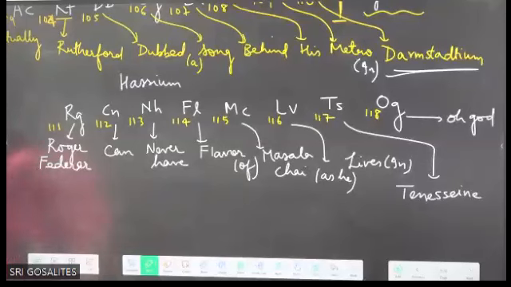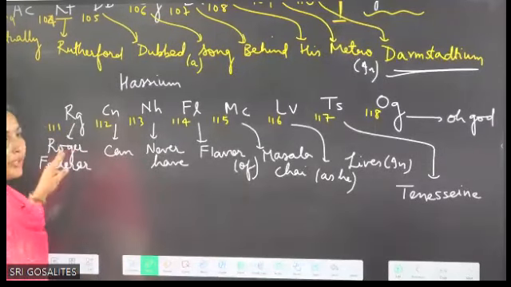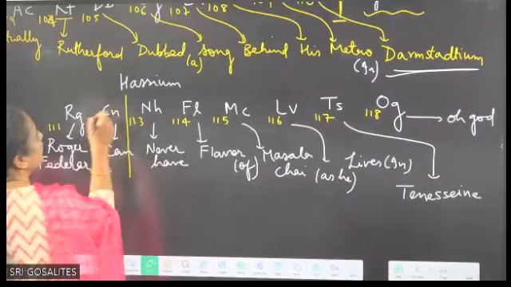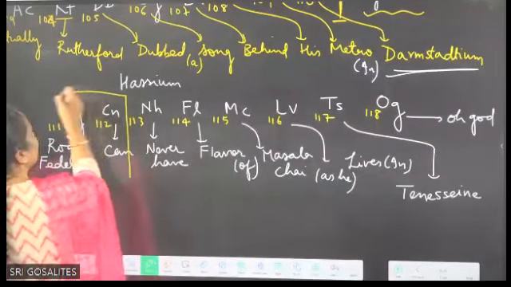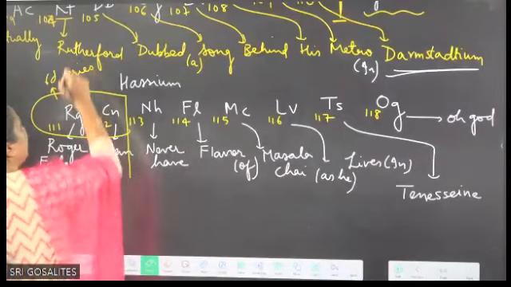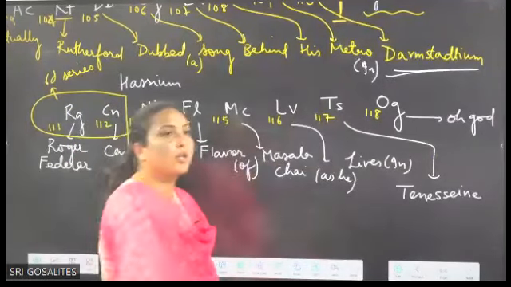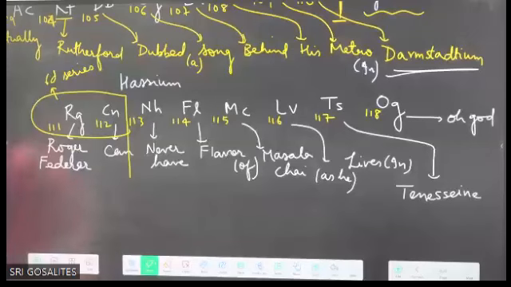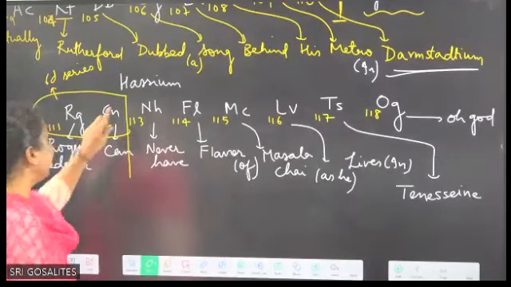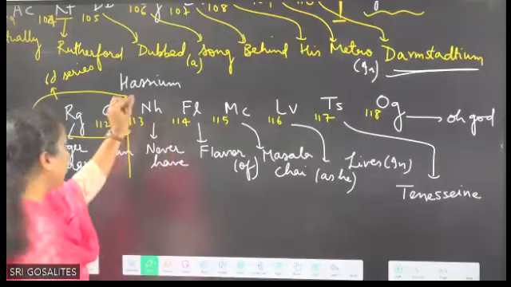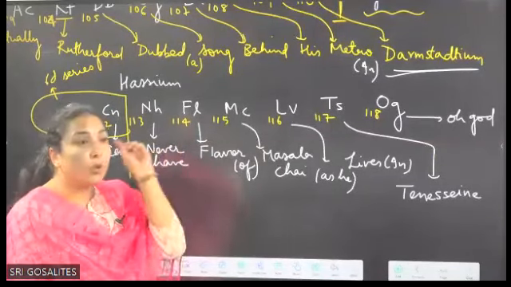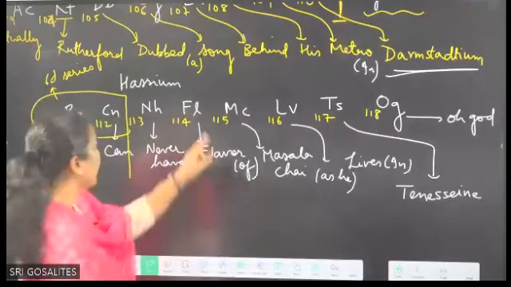So basically, Rg is for Roentgenium, right? So up to this Rg and Cn, they are part of the 6D series only. They are basically 6D series elements. But I have made one so that it can go across the period, right? Now this is Roentgenium, Cn is Copernicium, Nh is Nihonium, Fl is Flerovium, from their flavor, right?